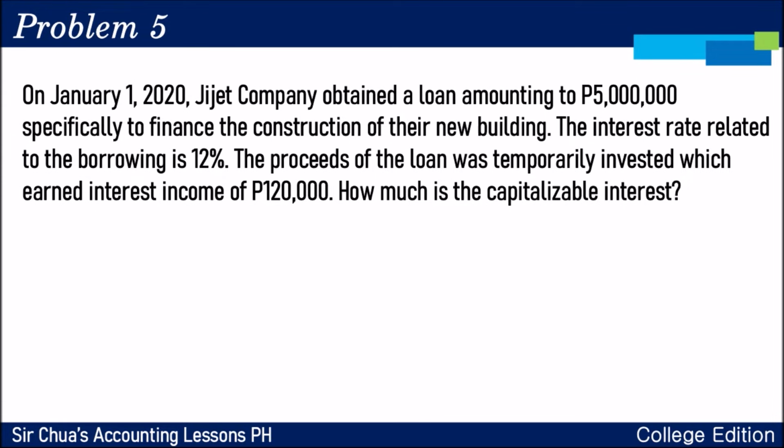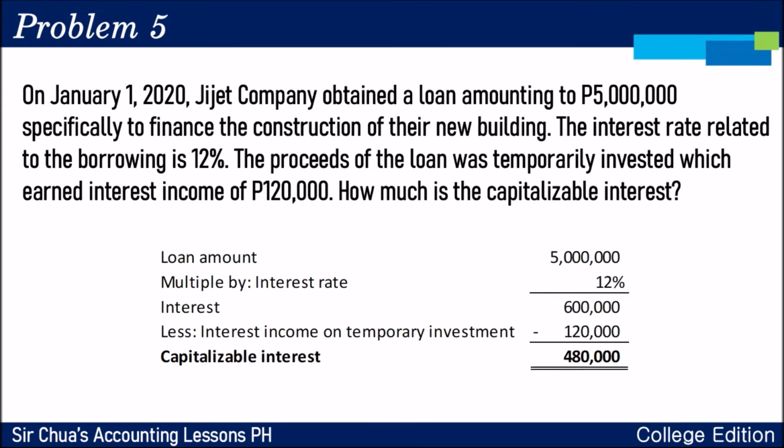Madali lang po pag specific borrowing. You just get the loan amount and you multiply it to the interest rate. So, the interest is 600,000. Okay? And then, you deduct po yung, kasi po, minsan ang nangyayari, pag nakukuha na po yung loan, ay ano pong ginagawa? The proceeds are temporarily invested. So, parang pinagkakakitaan pa nila yung hiniram nilang pera.